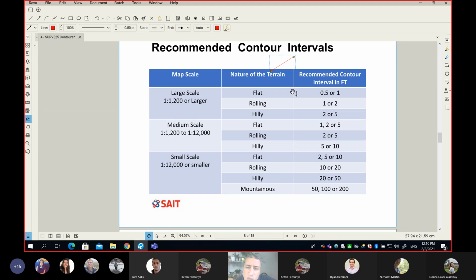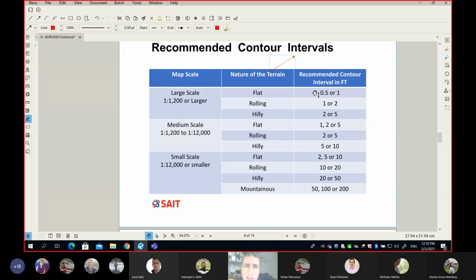In a room or maybe a soccer field, something that is pretty much flat, would you use a big contour interval or a small contour interval? Big contour interval? If you choose, for example, in your room, a 1 meter interval.